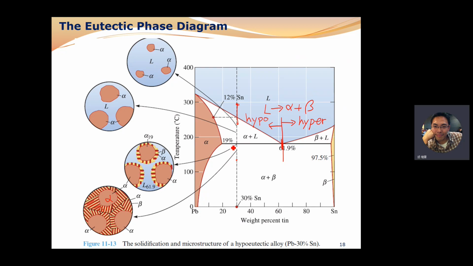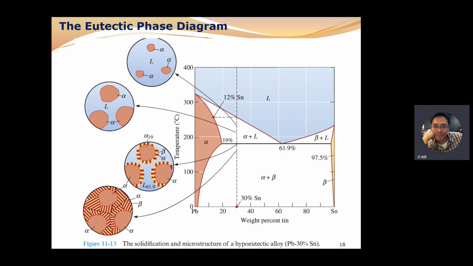Okay, so if the composition say is like 80 weight% of tin, when we're cooling down, what's the microstructure of hypereutectic? Well, we just change the core from alpha to beta.